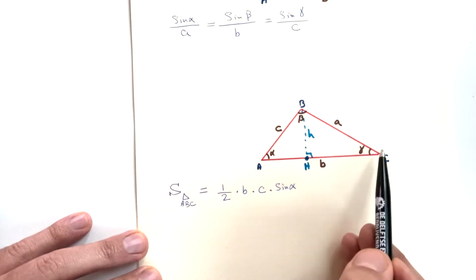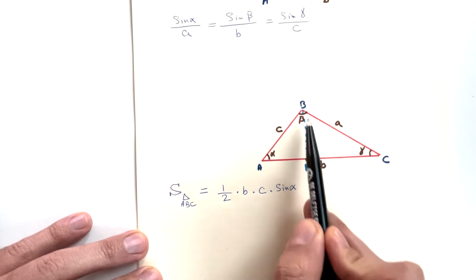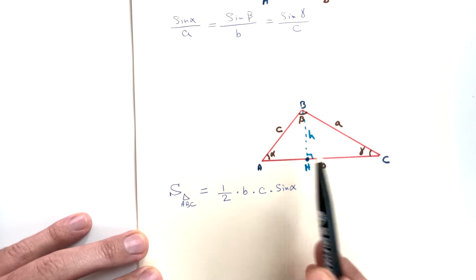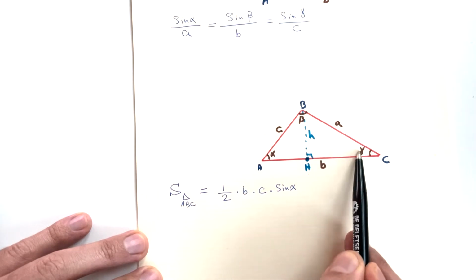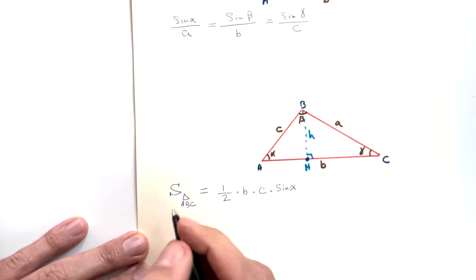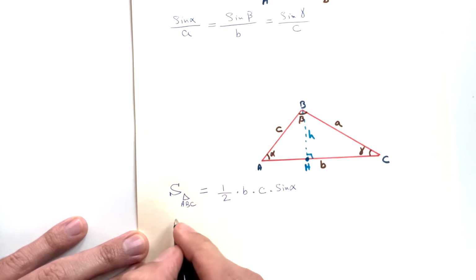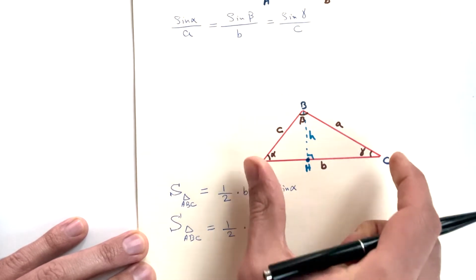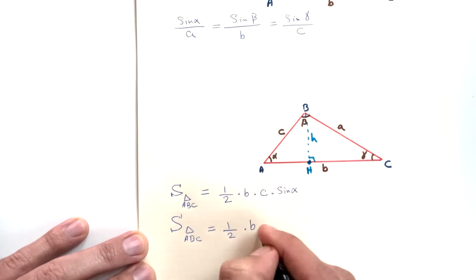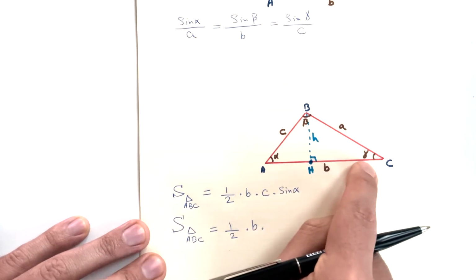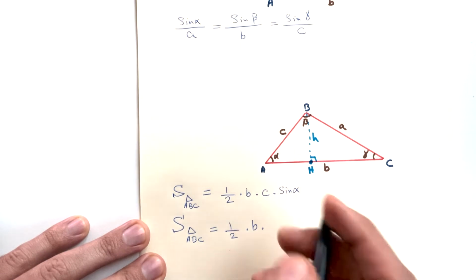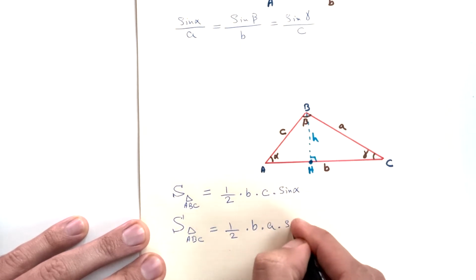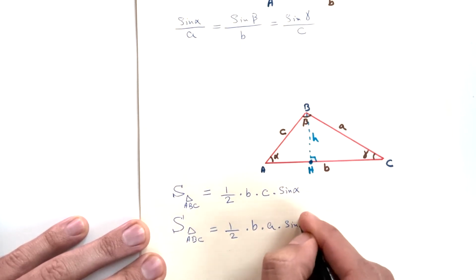I can write it from the other side too, right? So this height will be A times sine gamma. In that case, I can write the area of the triangle, S of triangle ABC, as 1/2 times the base, B, times A sine gamma.